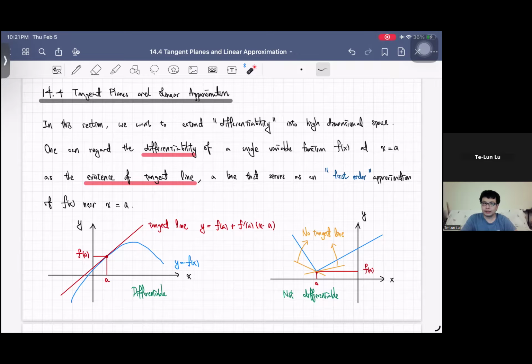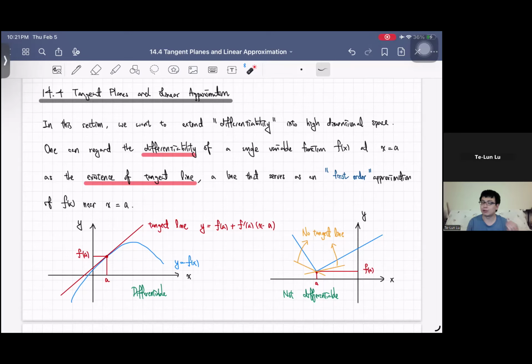Let us rephrase this. Actually, differentiability is not only the existence of the derivative, it actually means that we want to approximate a function by a linear function. So let us rephrase how we define differentiability in the one-dimensional case, so that we can see how we can extend that definition.